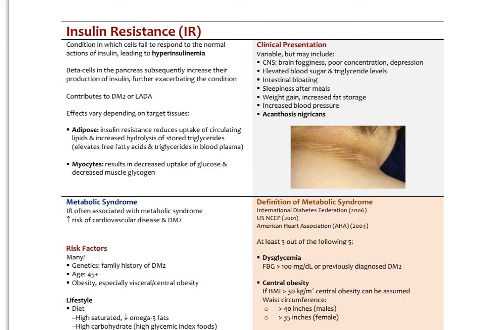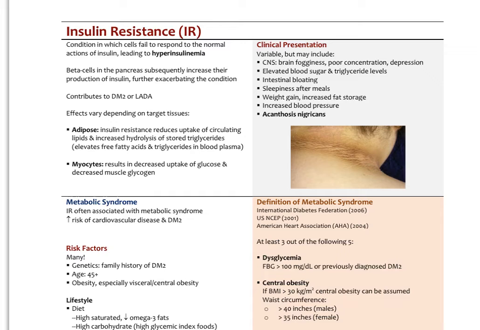Now I mentioned that a precursor to type 2 diabetes essentially is insulin resistance, and that's when the cells fail to respond to the normal actions of insulin. And that could be problems at the insulin receptor or in the intracellular signaling pathways within the cell. But basically the insulin signal within the cell is not carried through.